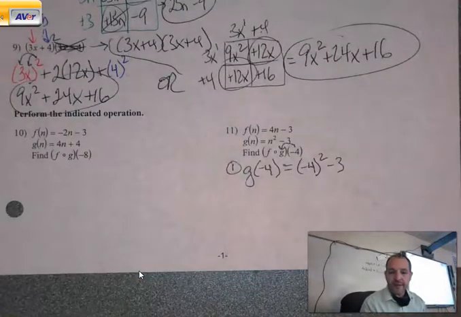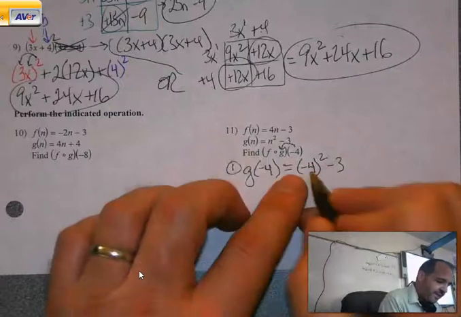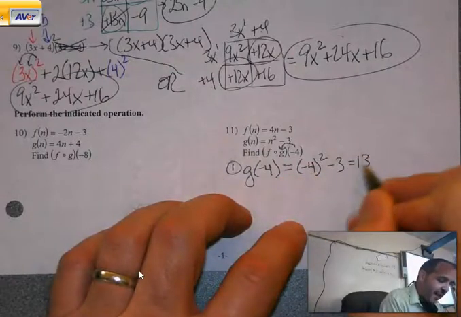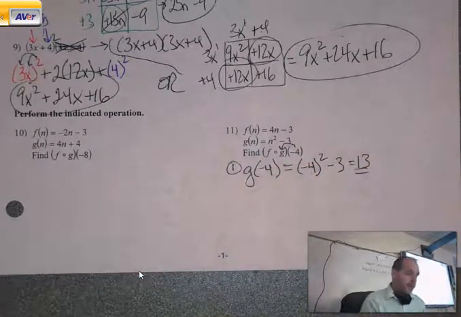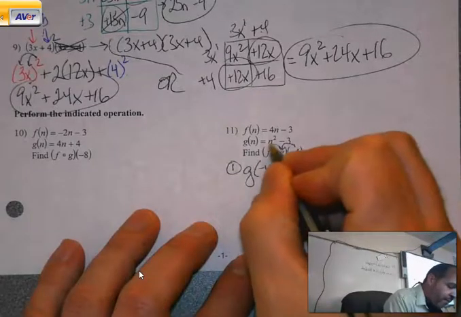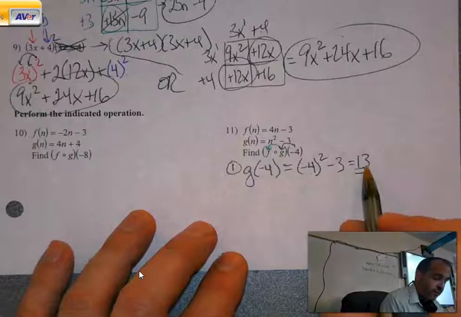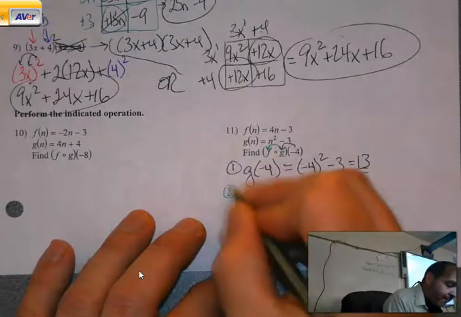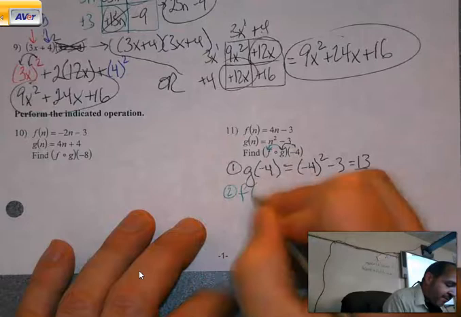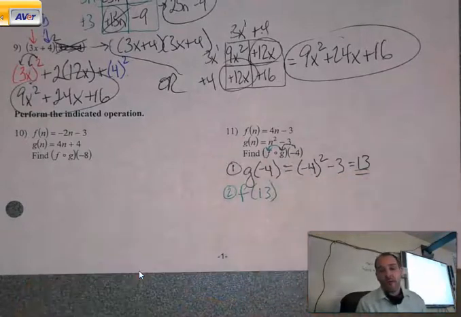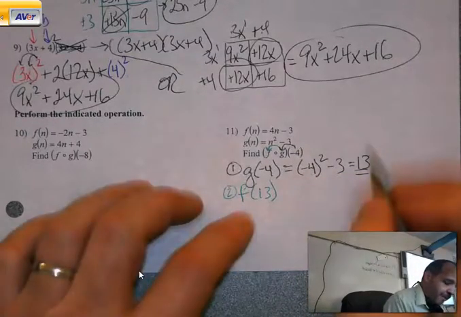Okay, if you can punch that in the calculator if you want to, so that'd be 16 minus 3 is 13, but I'm not done because there's one more part now where I've got to plug the answer I just got, g of -4, into f. So f of 13. So I have to get the first part right to be able to get this right.